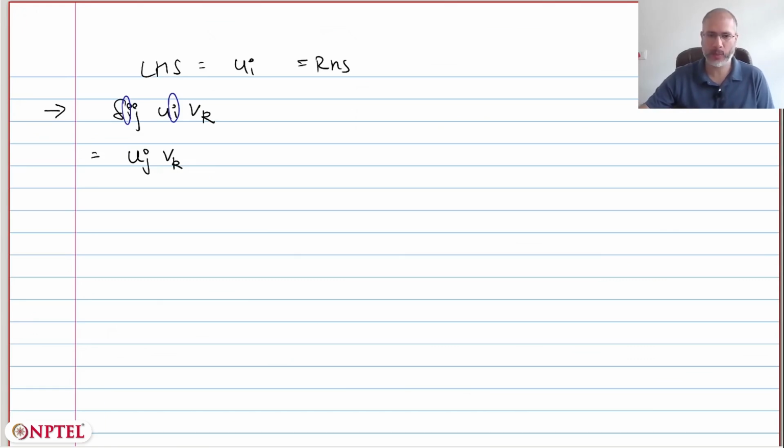Alright, so now that we understand this Kronecker delta symbol and its substitution property, let us go back to our vector dot product.